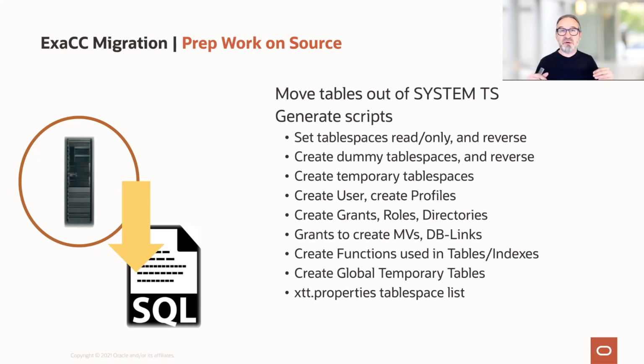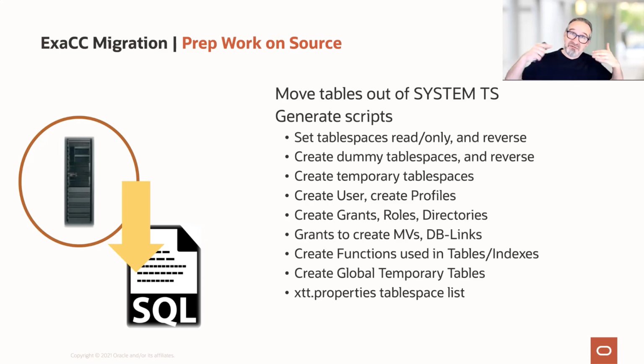And now we generate a lot of scripts. We generate scripts to set our table spaces read-only and read-write. We create scripts to create dummy table spaces. I'll explain in a minute why dummy table spaces, and also reverse that, creating the temporary table spaces, the users, the profiles, grants, roles, directories, grants to materialized views, DB links, also create functions.